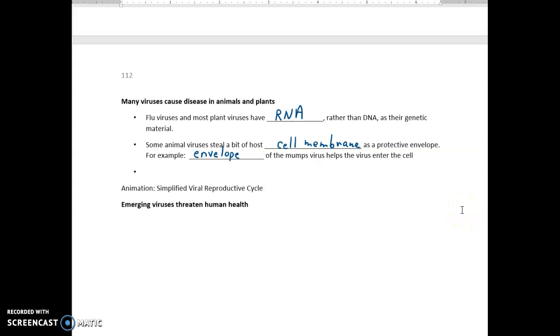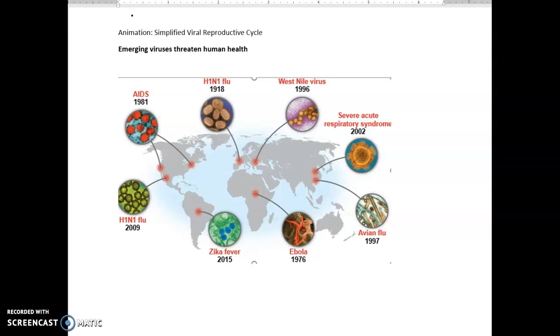So the last thing I've got is that emerging viruses threaten human health. Our book, of course, is pre-COVID, so it's not listed here. But you can see that viruses have been a problem for a long time. We've got the flu epidemic of 1918.